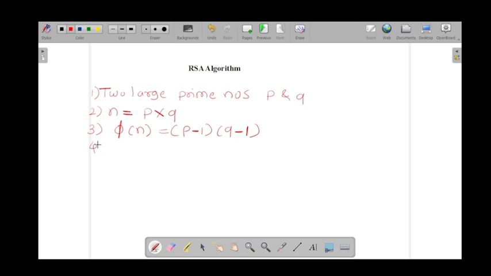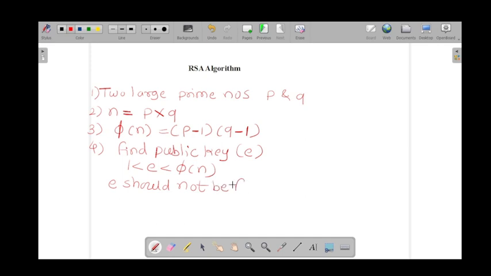In the fourth step, we find the value of our public key, that is the value of E. Whenever we find the value of E, we use the condition 1 less than E less than phi of n, and E should not be a factor of phi of n that we identified in step number 3.